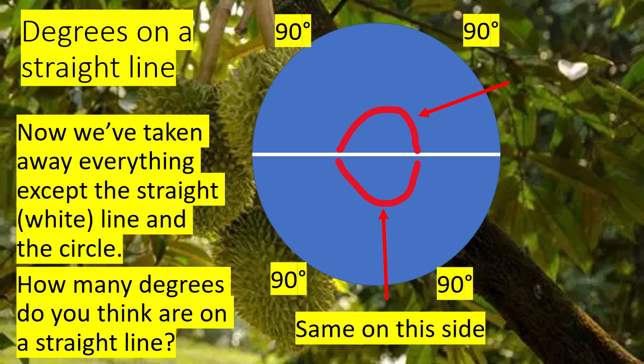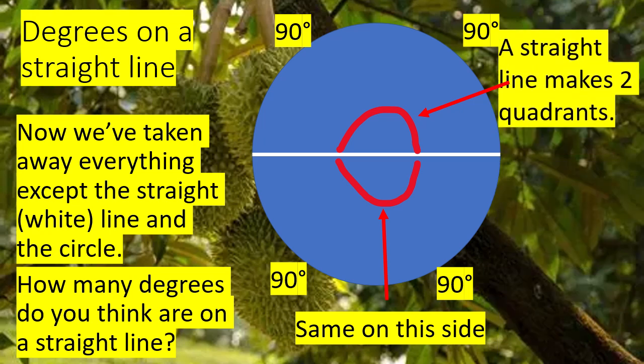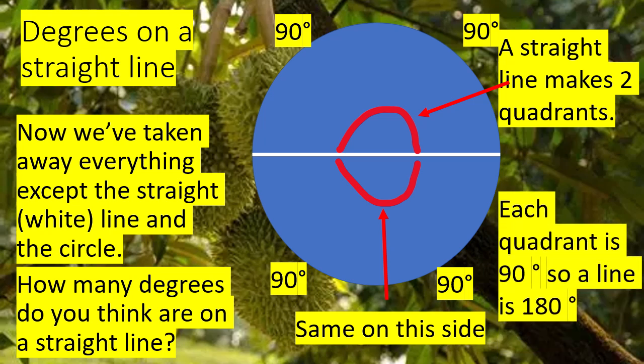So we're going to look at the number of degrees on a straight line. So we've taken everything away except the straight white line and the circle. How many degrees do you think are on a straight line? So a straight line makes 2 quadrants. Each quadrant is 90 degrees.